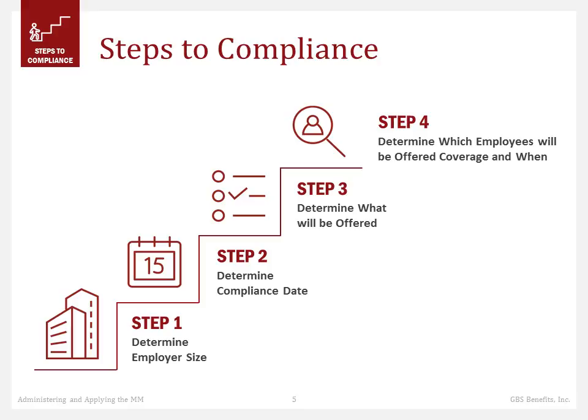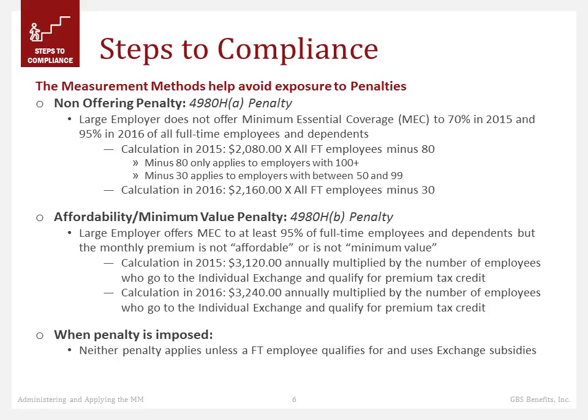The way you determine that is to get educated on some more issues and put together an actual written measurement method policy. So today we're talking about that written measurement method policy that you have completed, and now that it's completed, how to actually administer it correctly.